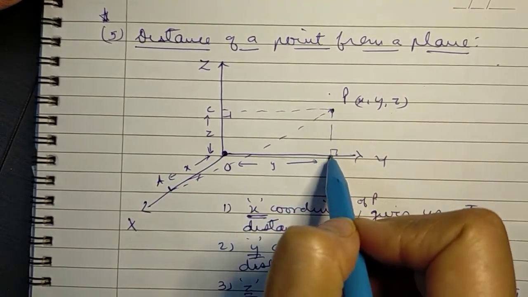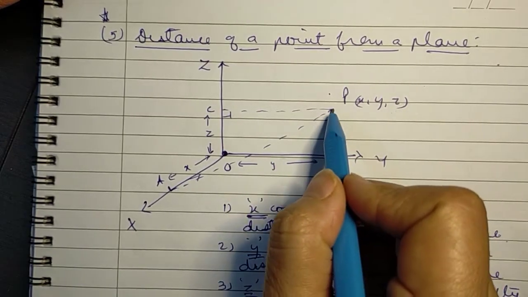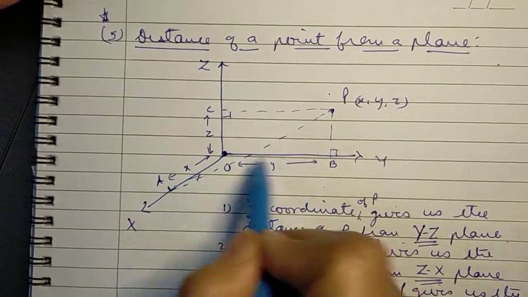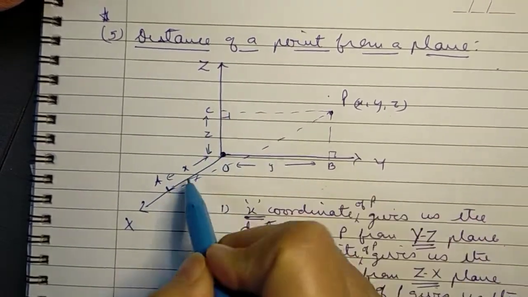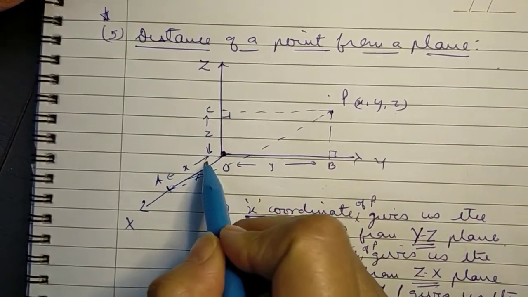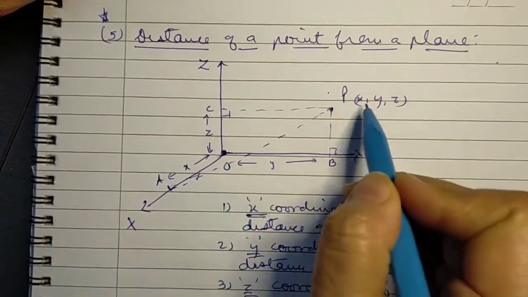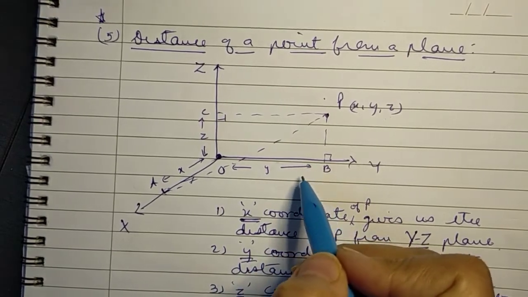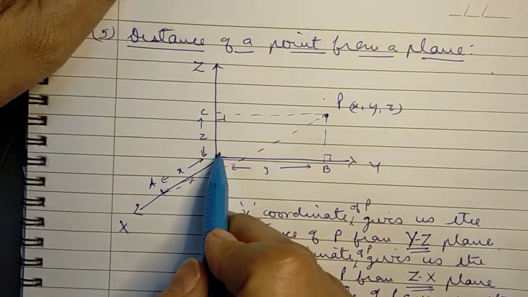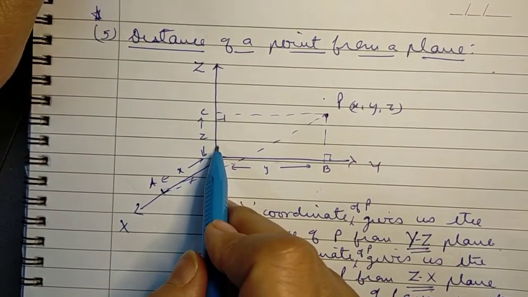If you drop perpendiculars from the point P to all these 3 mutually perpendicular directions, that is X axis, Y axis and Z axis, then the intercept cut off along the X axis is called the X coordinate, the intercept cut off along the Y axis is the Y coordinate, and the intercept cut off along the Z axis is the Z coordinate.